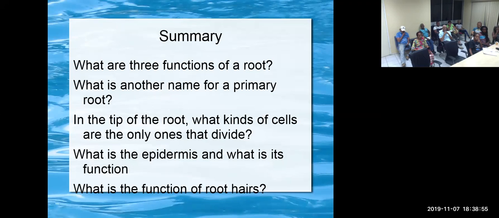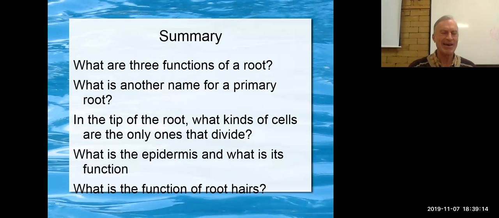What is the function of a root hair? Absorb water and nutrients, and can become secondary roots. I would say it expands the surface area of the root itself. That all sound good, Steve? Yeah, sounds very good. Great.